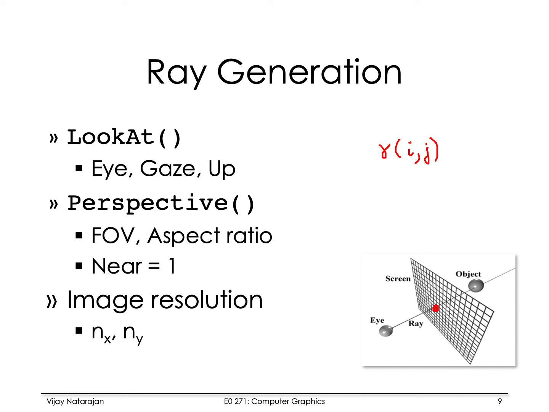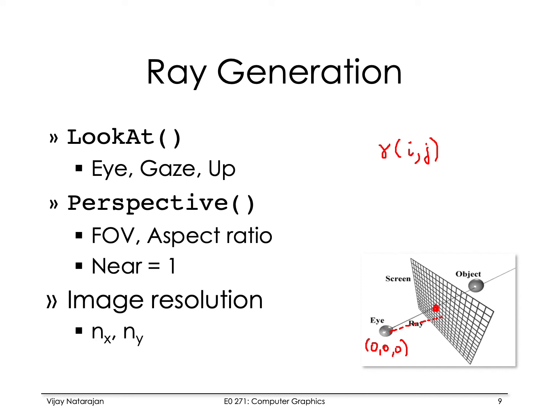We know that in the camera coordinate system, the eye is the origin, and we know the distance to the plane, which is the near plane, we know the distance to the screen, and we know ij from the specific pixel that we are looking at.